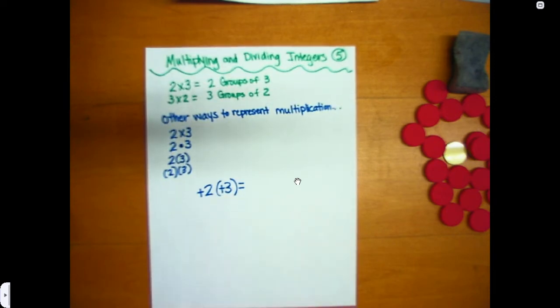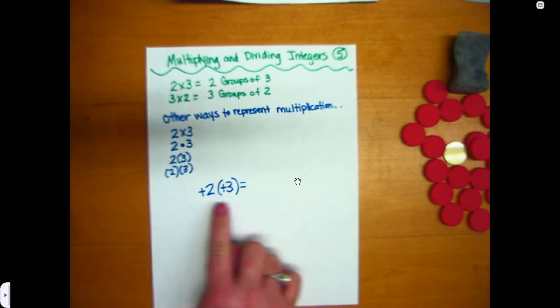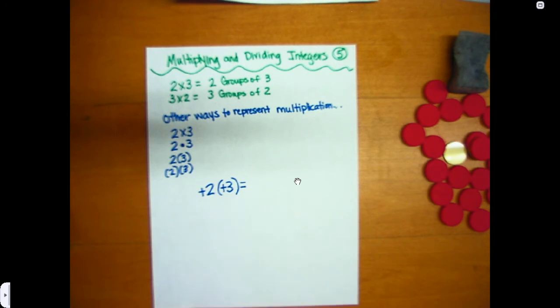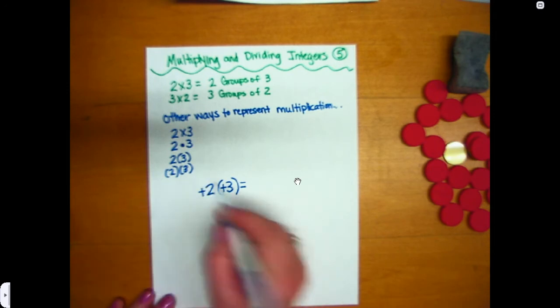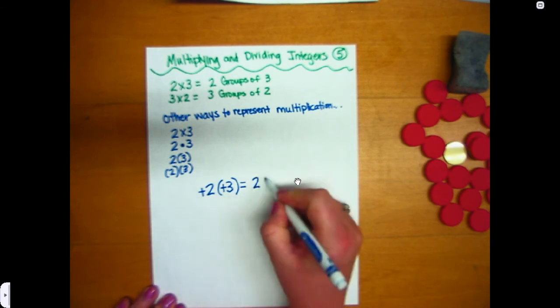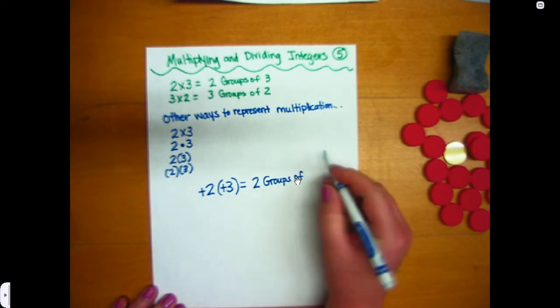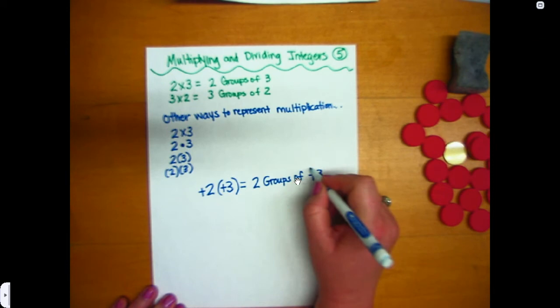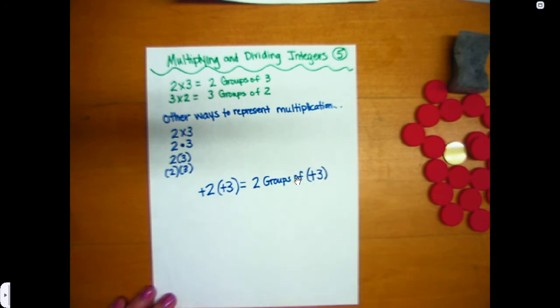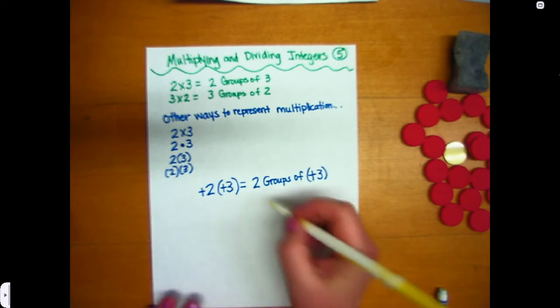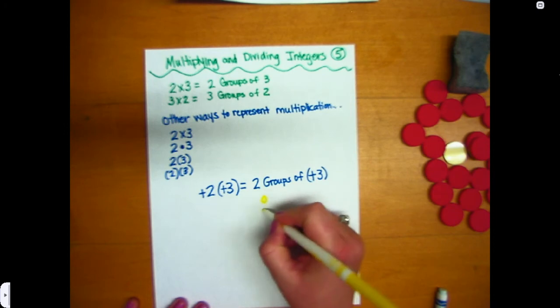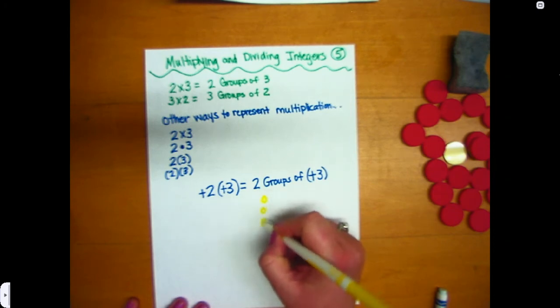So this says positive 2 times positive 3, which is the same thing as saying 2 groups of positive 3. If I have 2 groups of positive 3, that means I would need 3 counters. 1, 2, 3.